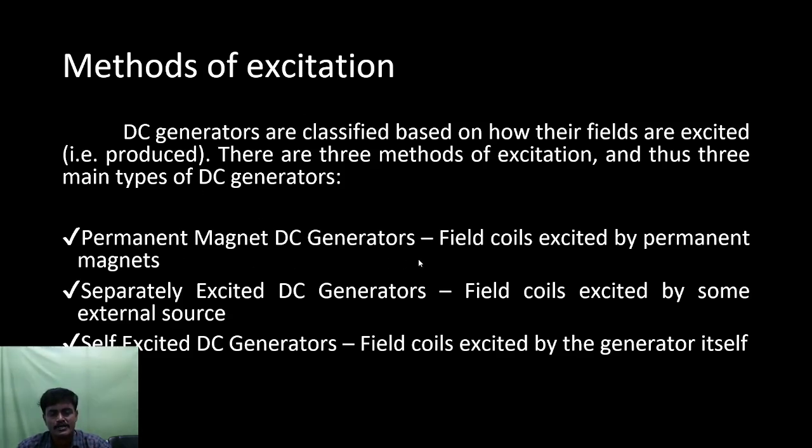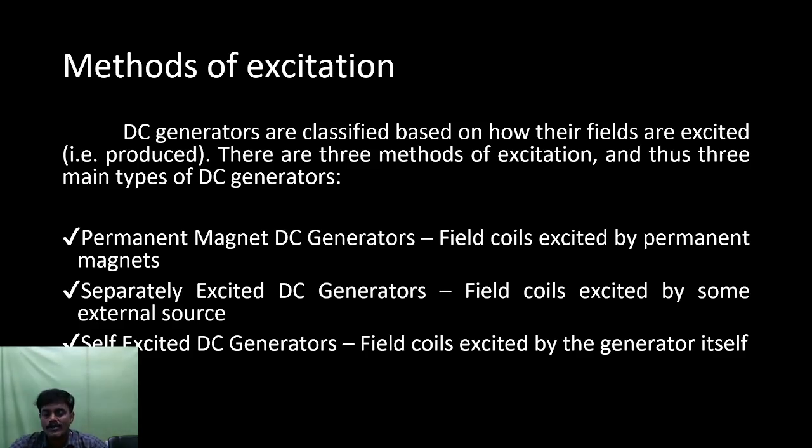This is the permanent magnet DC generator. The field coil is excited by the permanent magnet. Then the second one is the separately excited DC generator. As the name itself says, the field coil of a DC generator is excited by external sources. Then the third one is the self-excited DC generator.